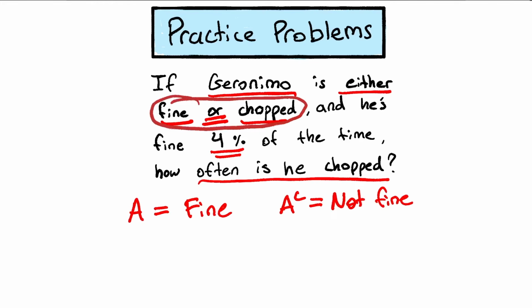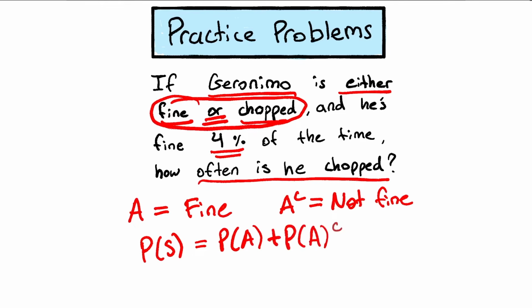So our sample space is only fine or chopped. Thus, probability of S equals probability of A plus probability of A complement, and that's the same as 1 equals probability of A, which is that he's fine, 4%, 0.04 plus probability of AC, which is he's not fine.